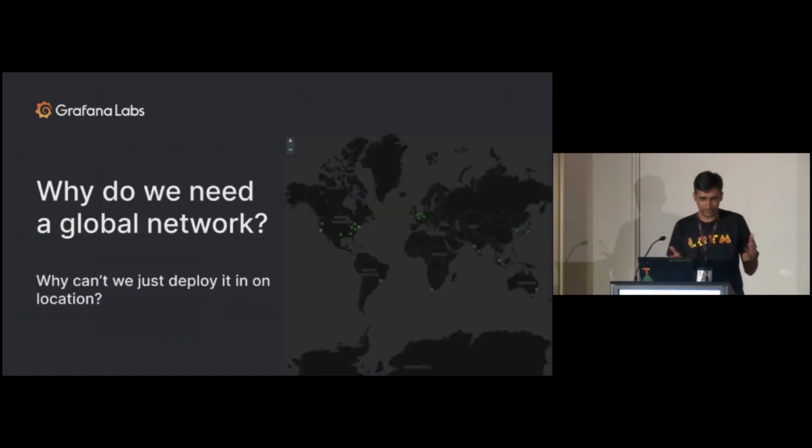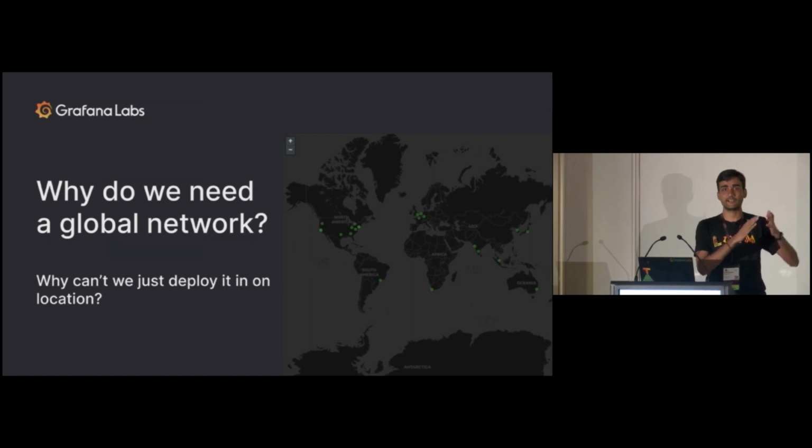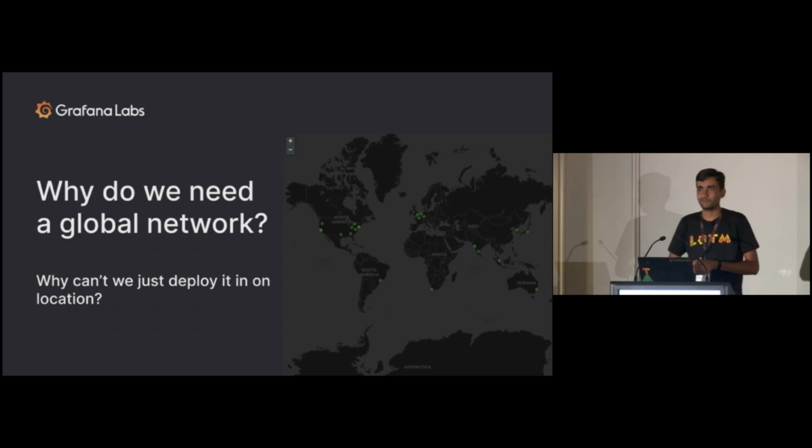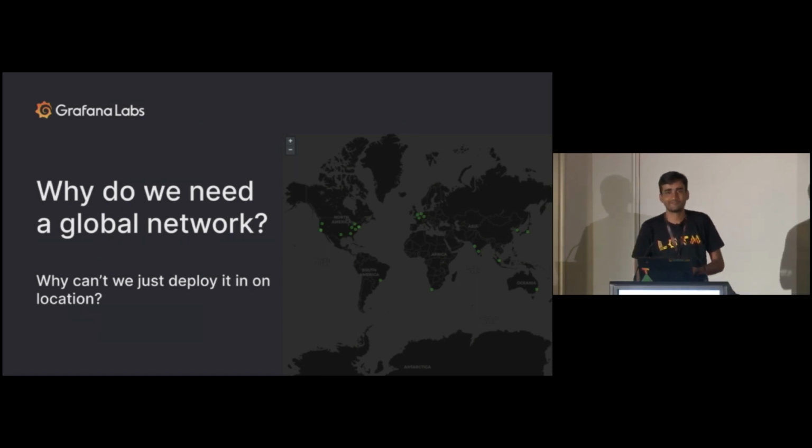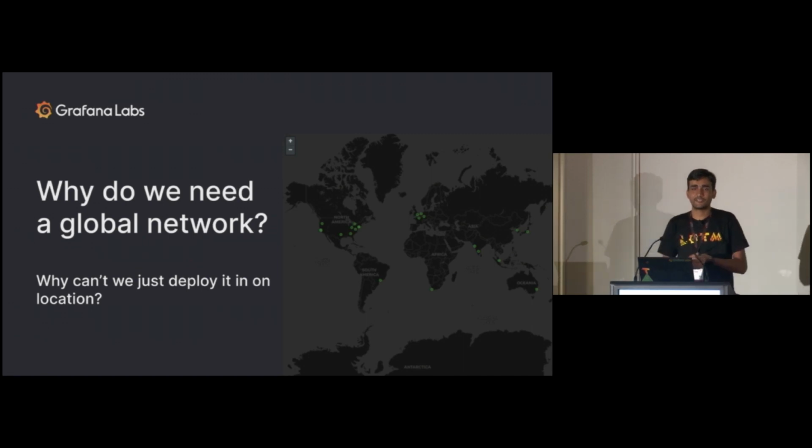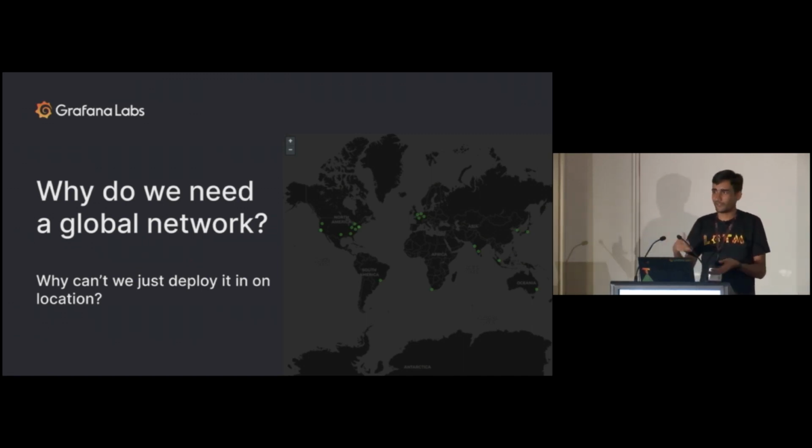So now another question is, the talk's title had the words global network in it. Why do you need a global network? Can't I just deploy a prober next to my application and then it's all good? I can go home. I mean, you can, but then you'll not get. I defined synthetic monitoring as trying to simulate a real user, right?